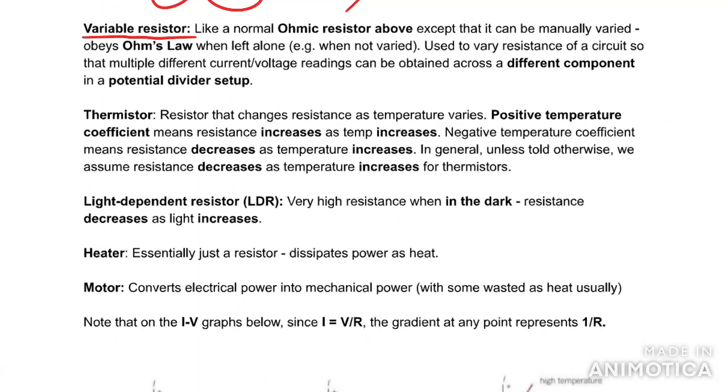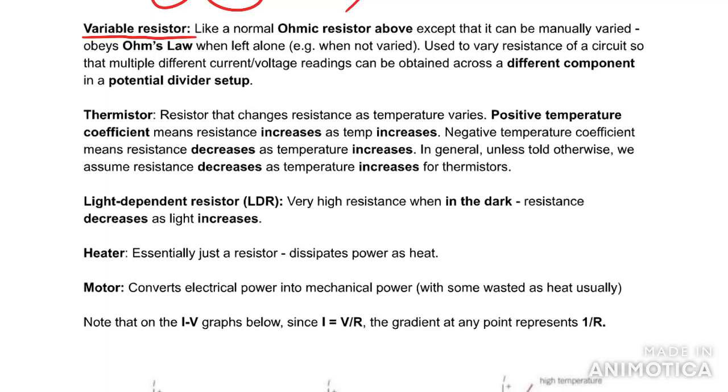Okay. Thermistor is a resistor that, again, just remember, these are trick questions almost. Thermistors do obey Ohm's law. The only difference between a thermistor and a normal resistor is that it changes resistance as the temperature varies. So at a given temperature, it is a straight line through the origin because it obeys Ohm's law.